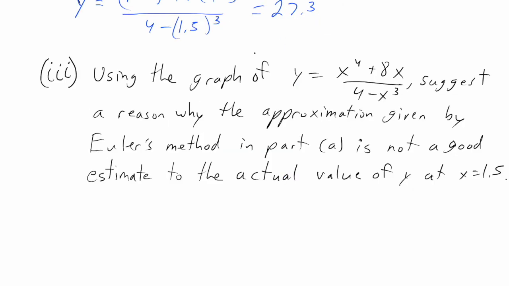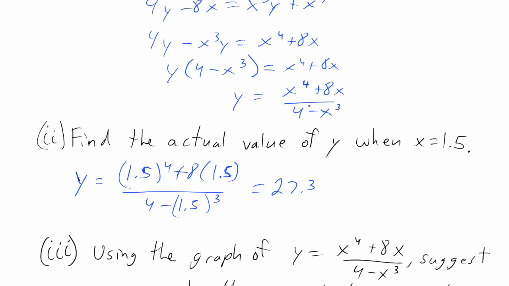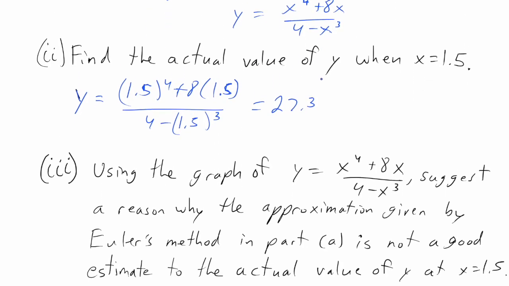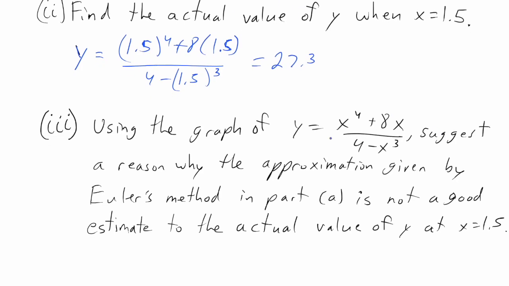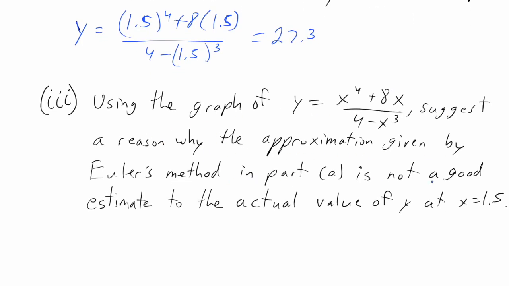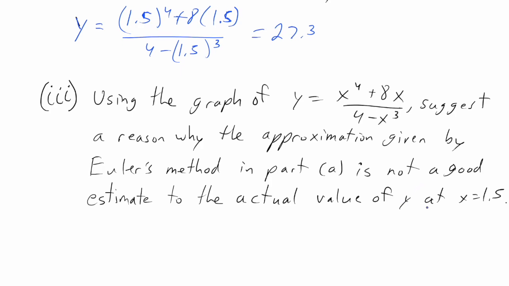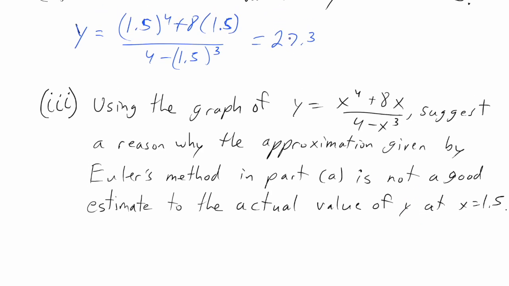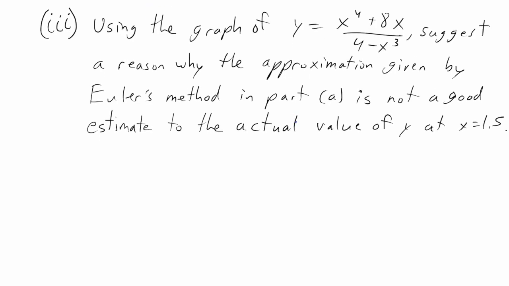Okay, next in this last example, using the graph of this function, which is the solution to the differential equation, suggest the reason the approximation given by Euler's method is not a good estimate for the actual value of y, which we calculated here. So if you graph it, let's take a look at the graph.